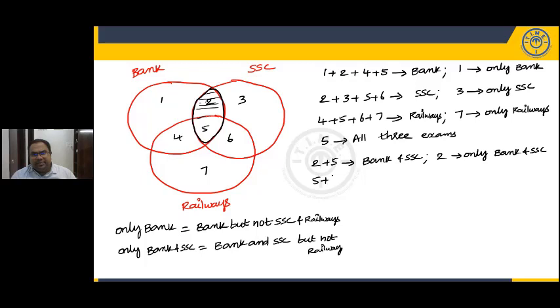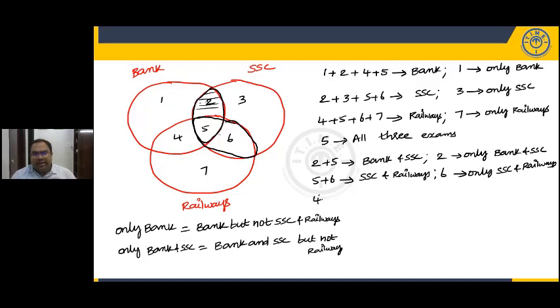5 and 6, this region. This is SSC and railways. What is 6, ma? Only SSC and railways. That means except SSC and railways, there is no other region. Or I can say SSC and railways but not bank.